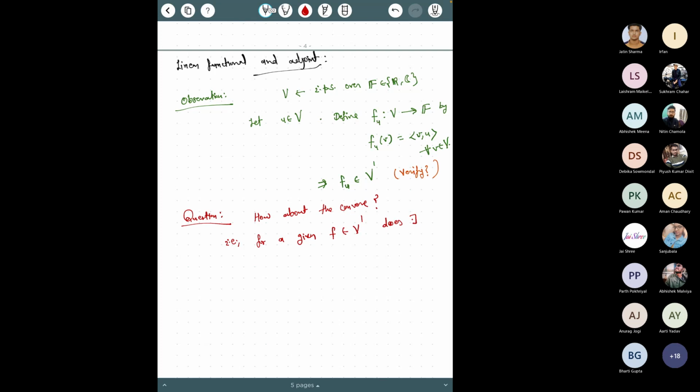I'm giving you this notation because I want to say that this is related to f. So u subscript f in V. So does there exist a vector such that f of v is equal to the inner product of v and u_f for all v? This is the question.